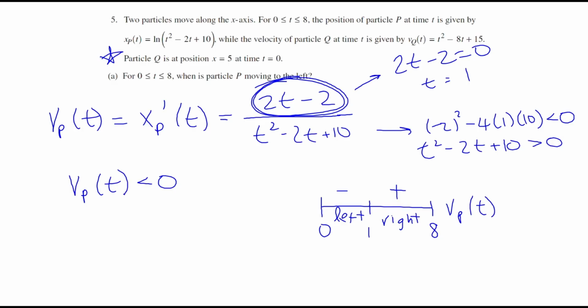So we could say v sub p of t is less than 0 for t equals 0 to t equals 1. So it is moving to the left on that interval.